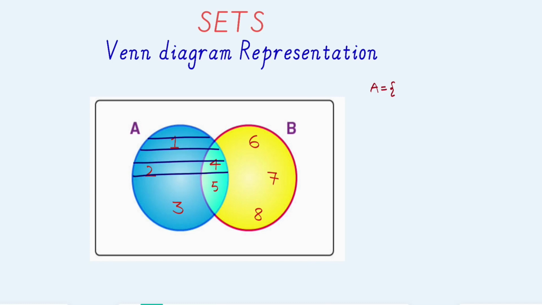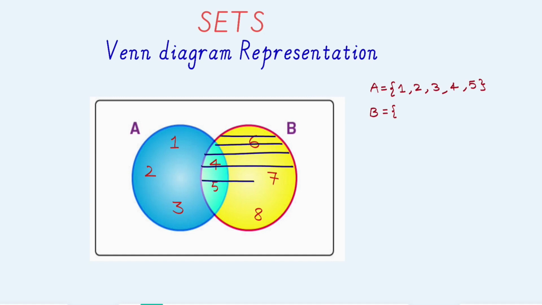Whatever elements are present in this region come under elements of A. That means those under the circle A will be called elements of A. So here what are the elements of A? We have 1, 2, 3, 4, 5. These are the numbers present in circle A, so they are elements of A. Now similarly, if we want to write elements of B, you can see what are the elements present in circle B. So these all.